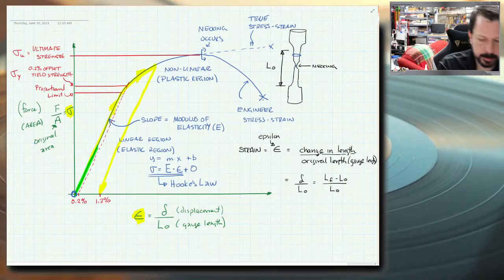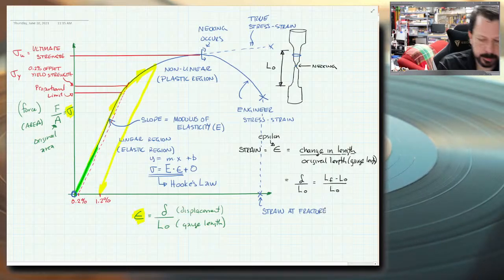Here, if I drop this down, this point is the strain at fracture. You don't use that too much, but that's what it's called.